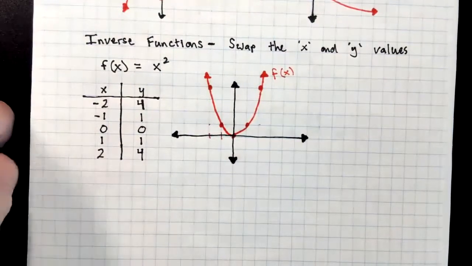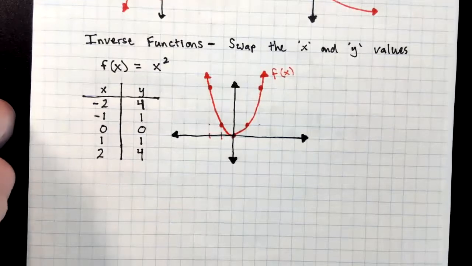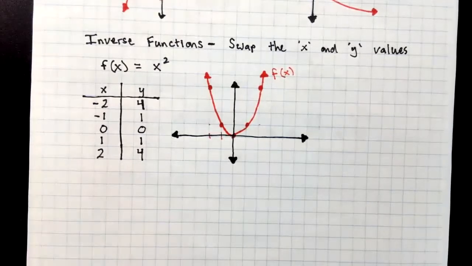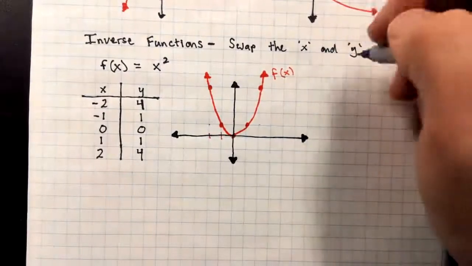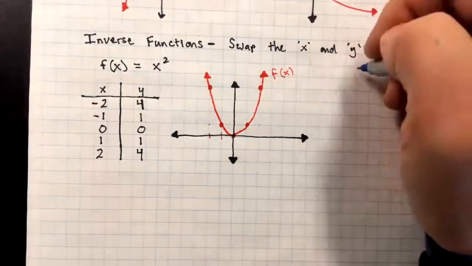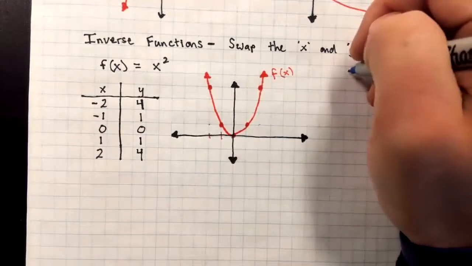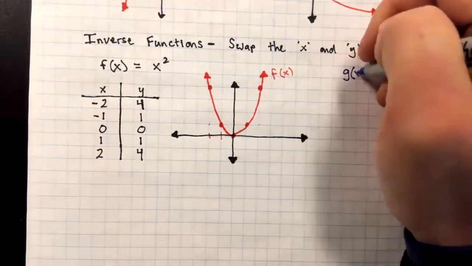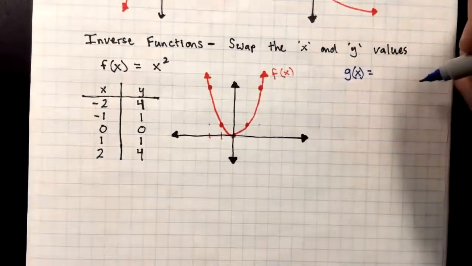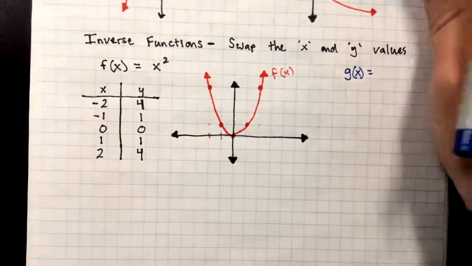Now, what I'll do next is I have this other function. I'm going to call this other function g of x. And I'll just write it out using words for now. We'll learn correct notation here in just a second.